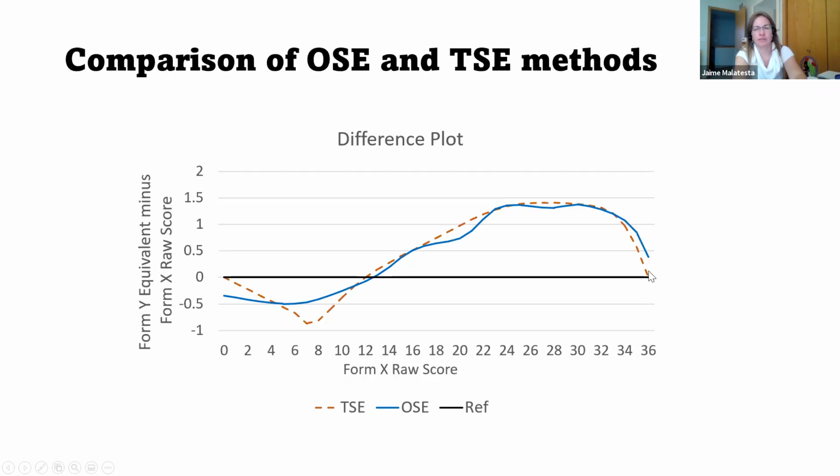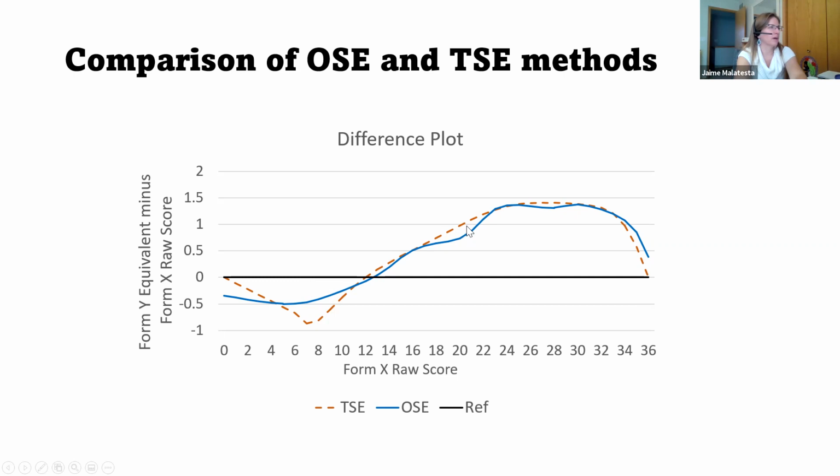If we were to take the same data, the 36 item test, and compare IRT true score and IRT observed score equating results, this is something that would typically be seen using the 3PL model. The dotted line is for true score equating. This is the form Y equivalent minus the form X score, so it's a difference plot.